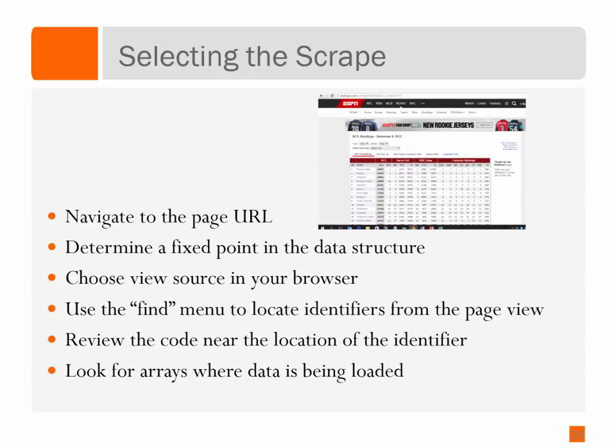We'll review the code near the location of the identifier. We'll get a sense for what the variable names are and how that data is being presented to the screen. We'll look for arrays where that data is being loaded into the web page.